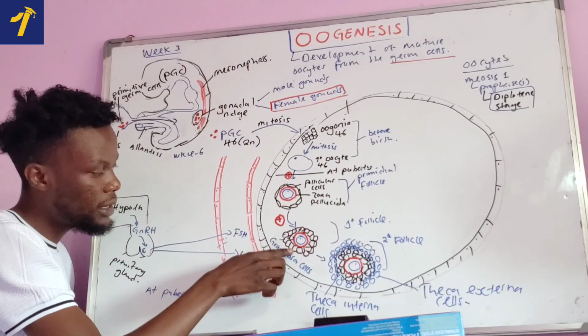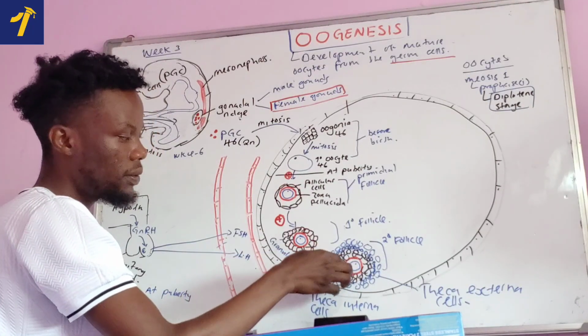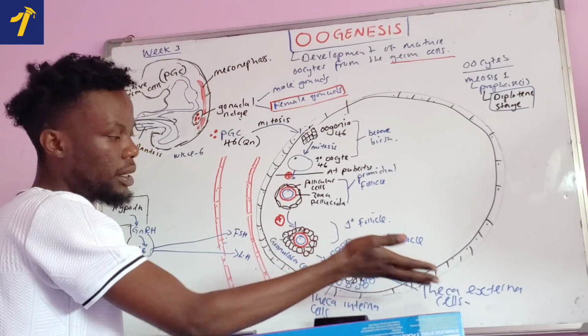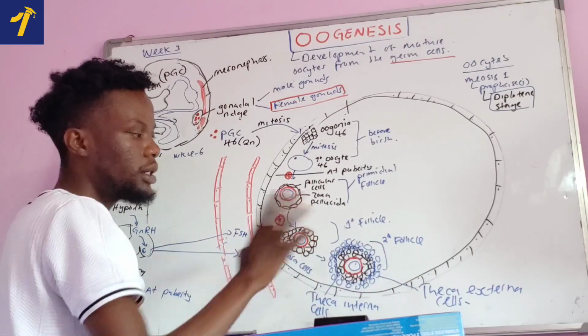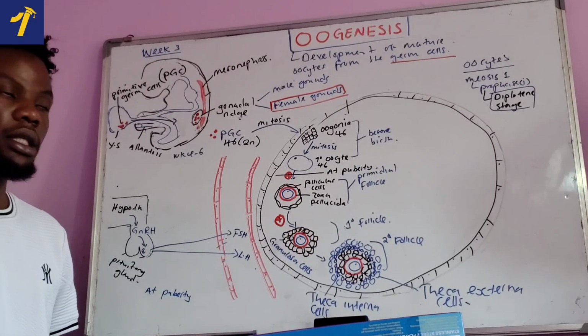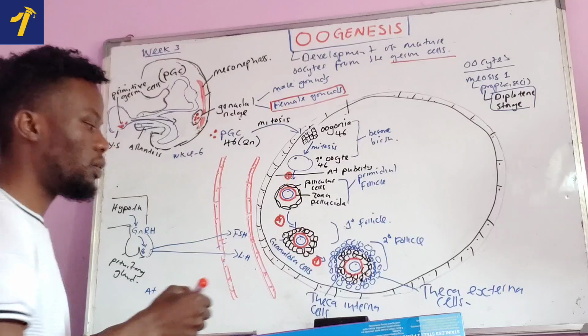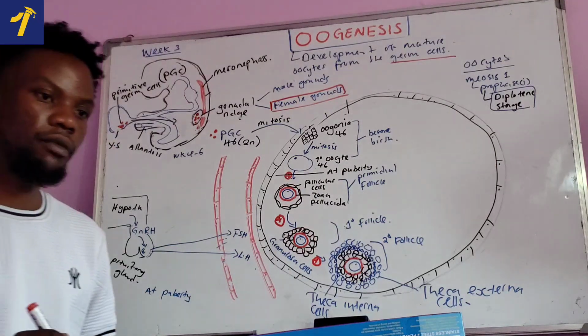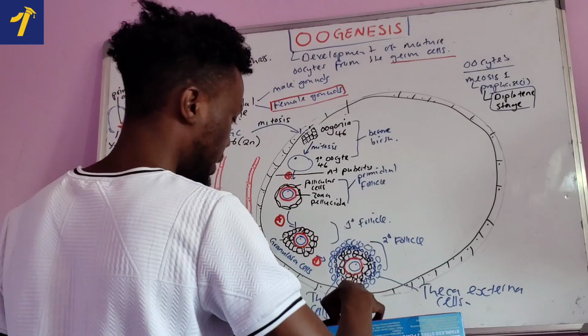At this stage, outside the granulosa cells, they will start developing the theca externa and the theca interna cells. And we're going to call this the secondary what? Follicle. And again, it's going to be stimulated by what? Luteinizing hormone and the follicle stimulating hormone. Now we continue the stage.